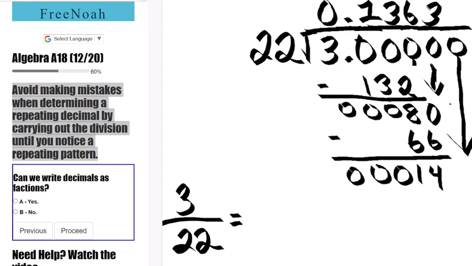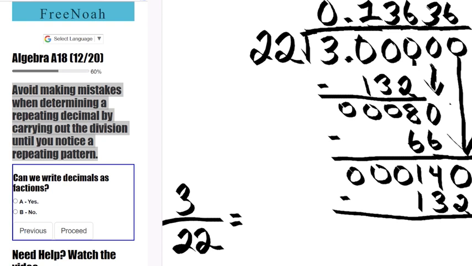Drop down another 0 here. We're left with 140. This will be our second 140 here. Okay. 22 goes into 140 6 times. 22 times 6 is 132. And 140 minus 132 is 8. So this is our third 8.